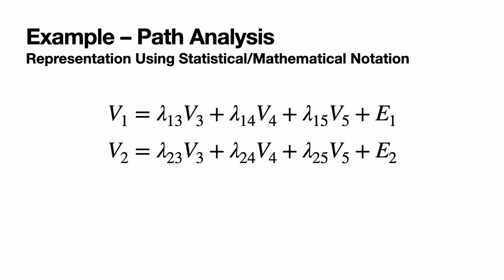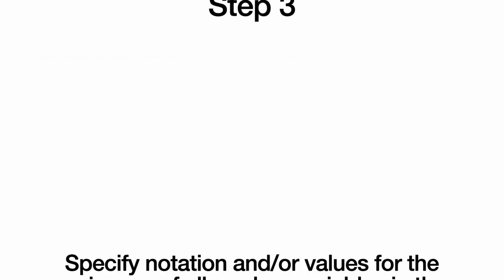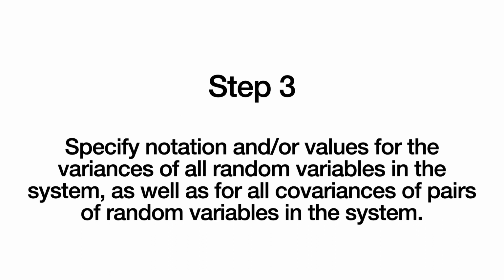Now, because the variables, and in particular the response variables, have been centered, we don't have any kind of an intercept in either of these models. Step 3, we specify notation and/or values for the variances of all random variables in the system, as well as for all covariances of pairs of random variables in the system.